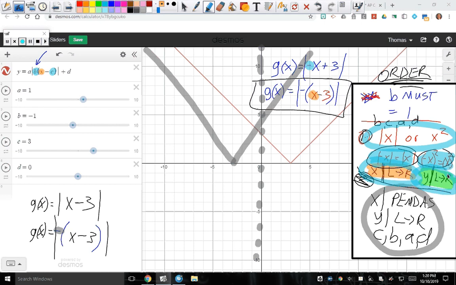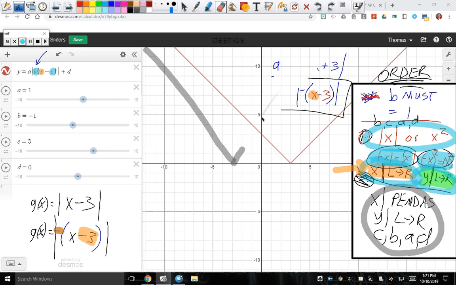Instead of doing PEMDAS, I'm going to do this first, and then I'm going to do this second. I'm going to follow this left to right because of these special cases. And let's see if it ends up where I think it should have ended up, or where the picture actually shows.